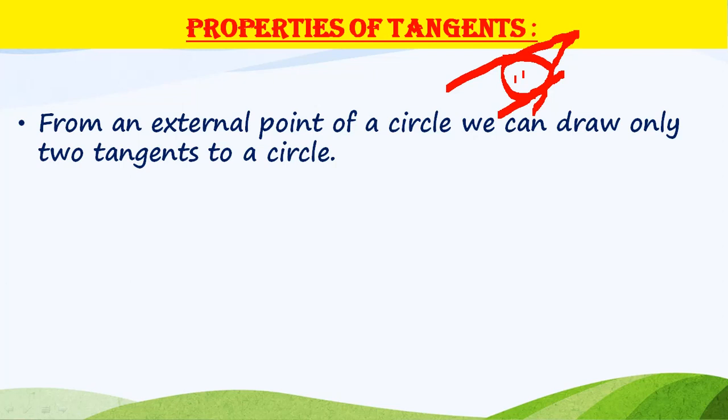When the point is on the circle, we can draw only one tangent. When the point is outside the circle, we can draw two tangents. This is one tangent, this is the other tangent. These are the properties of tangents.